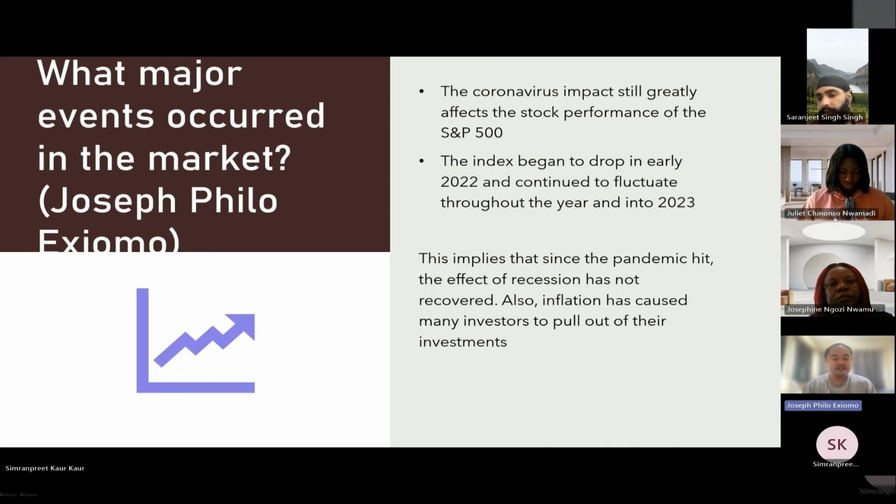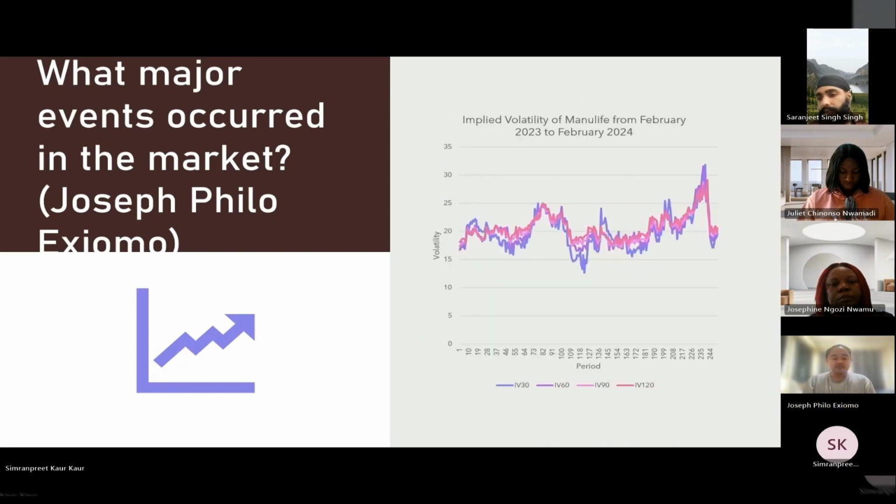So next slide. As we can see here, the graph shows that between February 2023 to 2024, the volatility of the stock price is quite on a uniform rate.